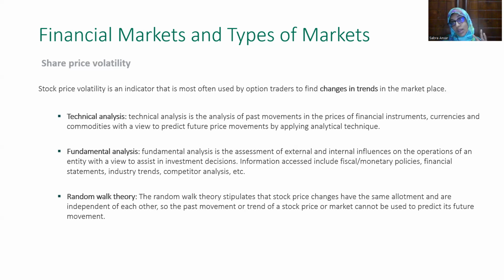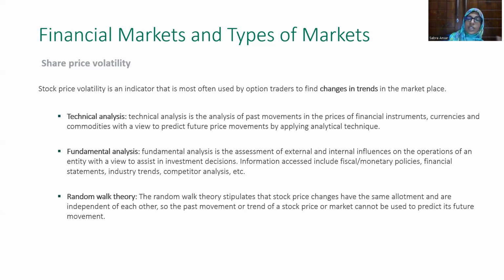Then we'll be talking about random walk theory. So what is random walk theory? This stipulates that stock price changes have some kind of allotment and are independent of each other, and that the past movement or trend of a stock price or market cannot be used to predict the future movement.